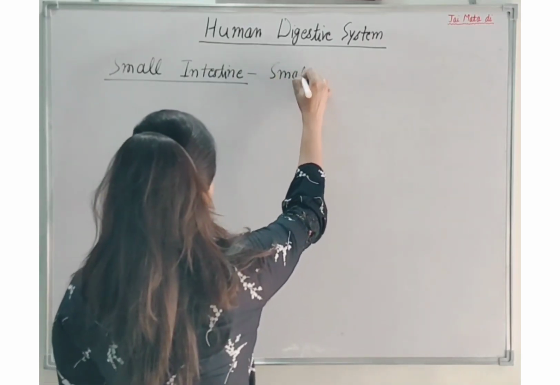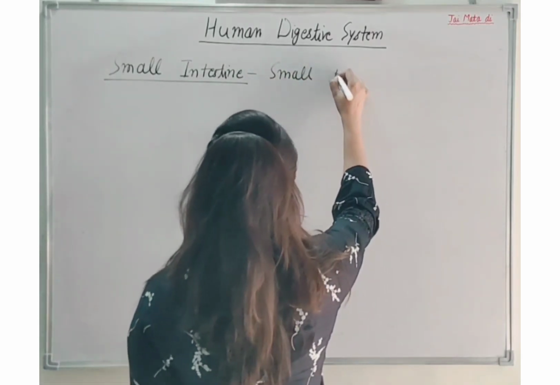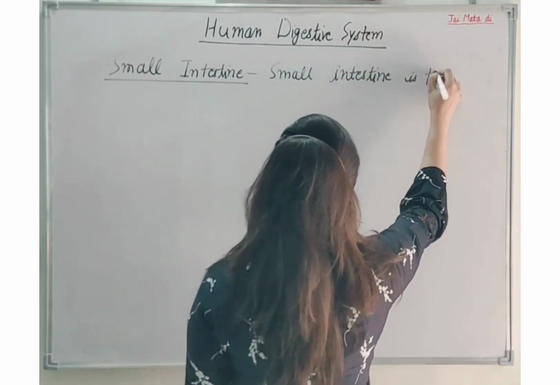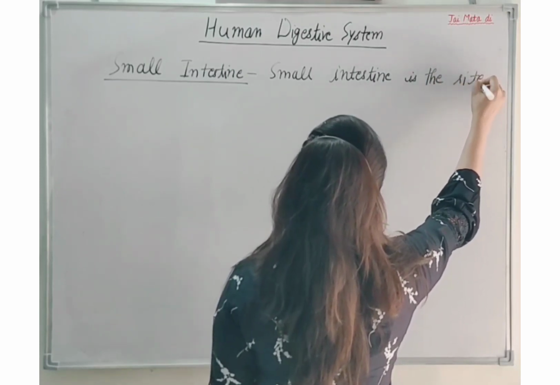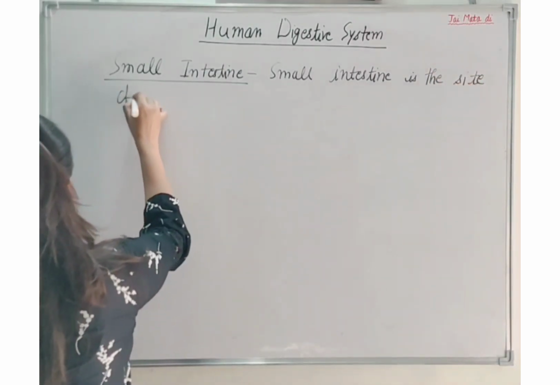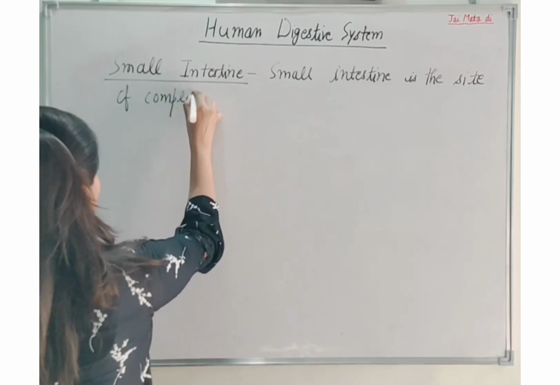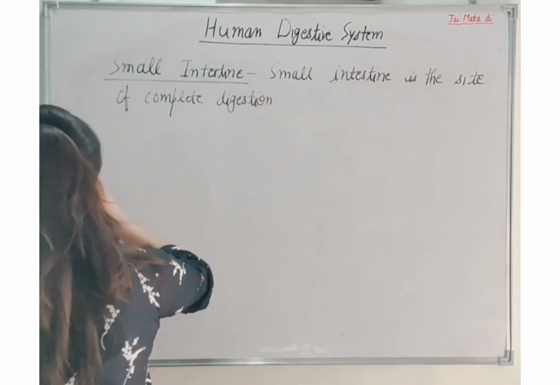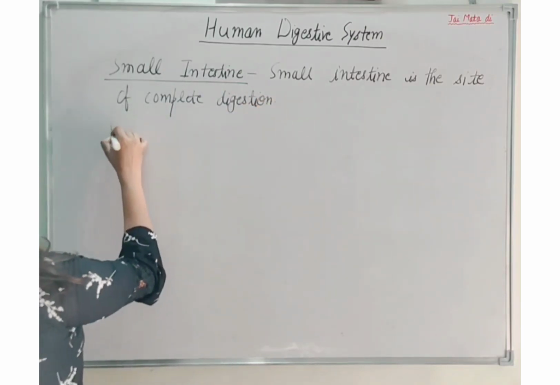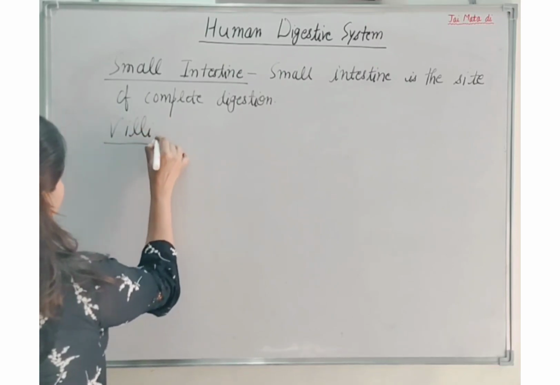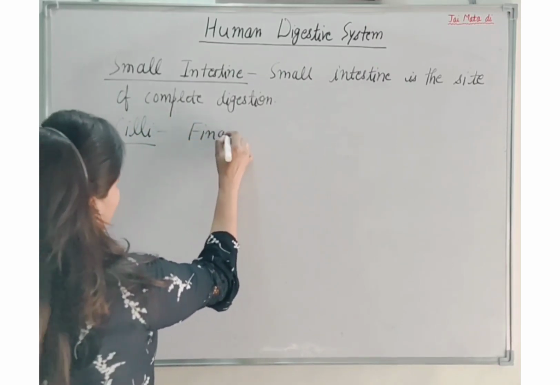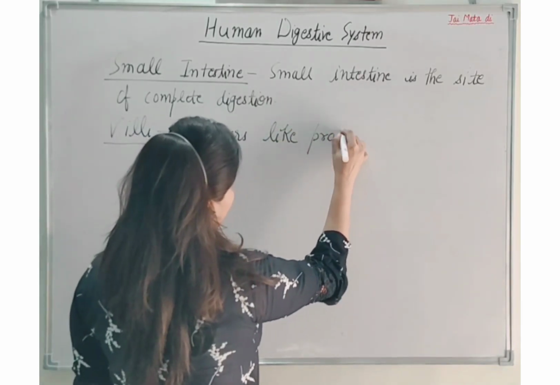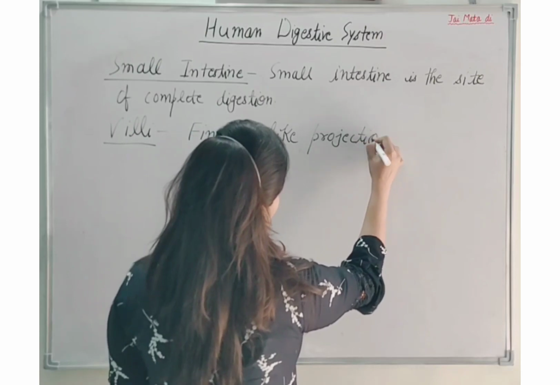Small intestine is the site of complete digestion. that are called villi. Villi are known as fingers-like projection which are found in the wall of small intestine.